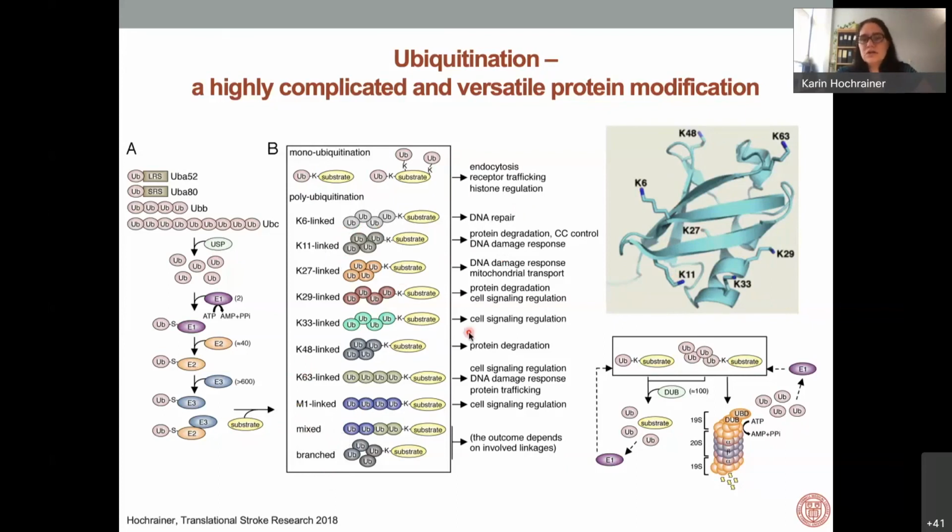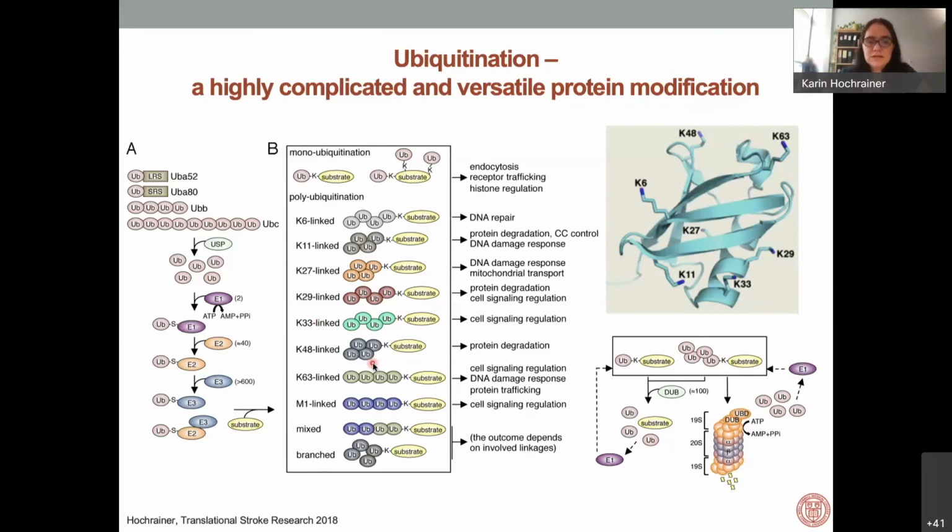One can envision that, depending on what lysine residue within ubiquitin is used for the chain formation, the chain topology is completely different. The three-dimensional structure of that ubiquitin chain will look very different to other proteins that are floating around.